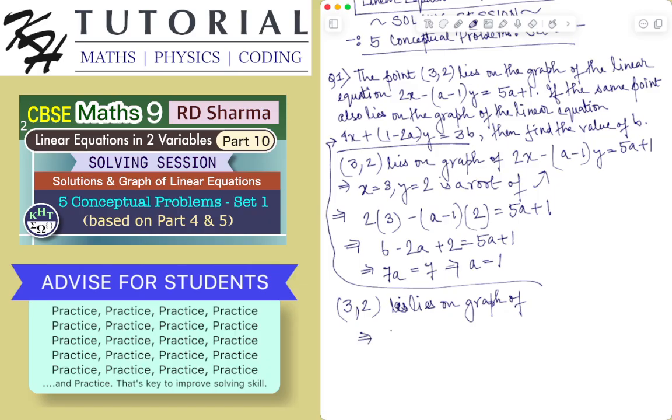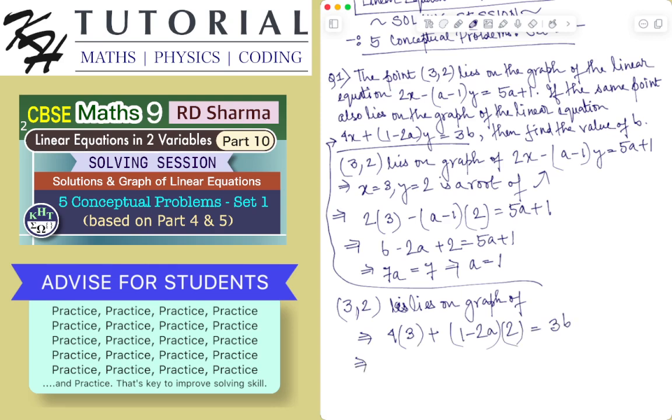So substituting the root (3, 2) in the second equation, we have 4 multiplied by 3 plus (1 minus 2a), y is 2, is equal to 3b.